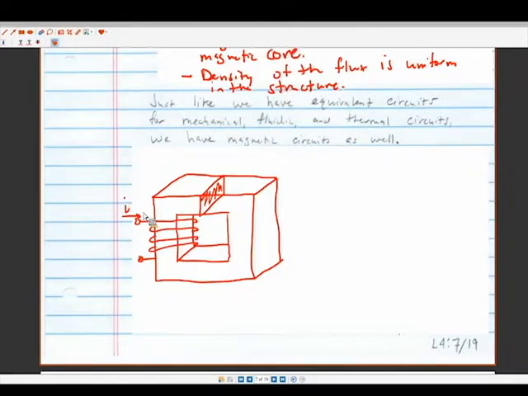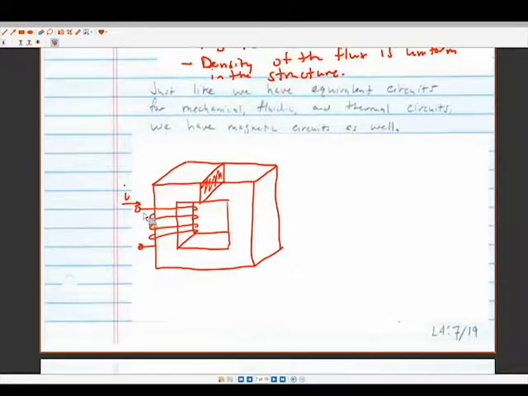Okay, so some terms we're going to use often in this class. One of them is going to be magnetomotive force. We'll denote this by script F. In simple terms, magnetomotive force is what drives the magnetic flux in the circuit.